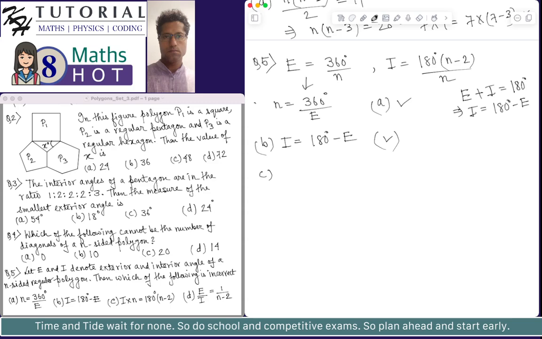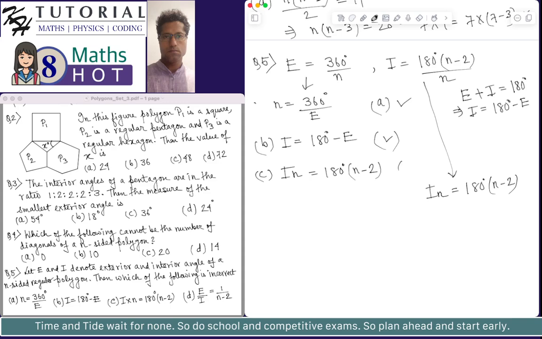Let's see choice C. C says I into N is equal to 180 degree multiplied by N minus 2. This is definitely coming from the relation between each interior angle I and N. From the equation I is equal to 180 degree multiplied by N minus 2 divided by N, if we do cross multiplication, clearly we get IN is equal to 180 degree multiplied by N minus 2.